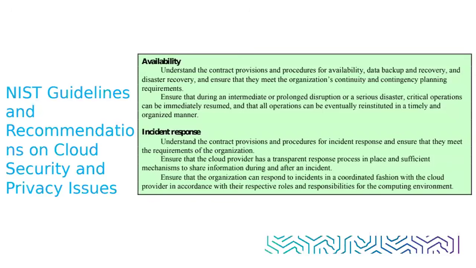Like for example, let us say there is a bank, either Al Rajhi Bank or something like that. They want to move selected financial applications to a cloud environment. So using these NIST cloud security and privacy guidelines, the bank will evaluate the cloud risk and protect the confidential customer information.